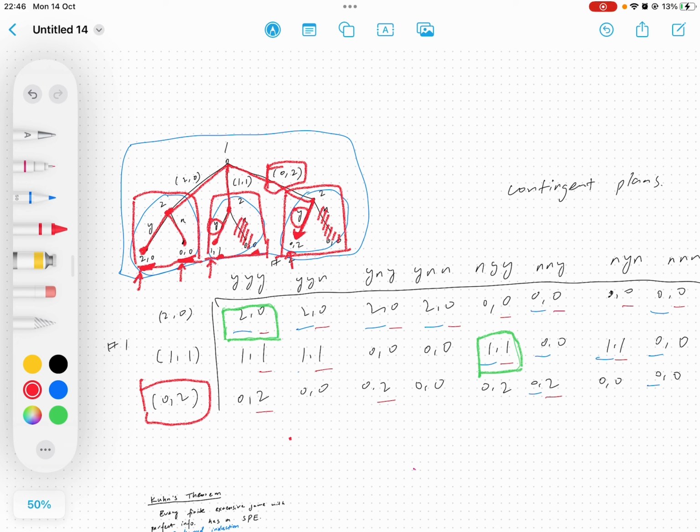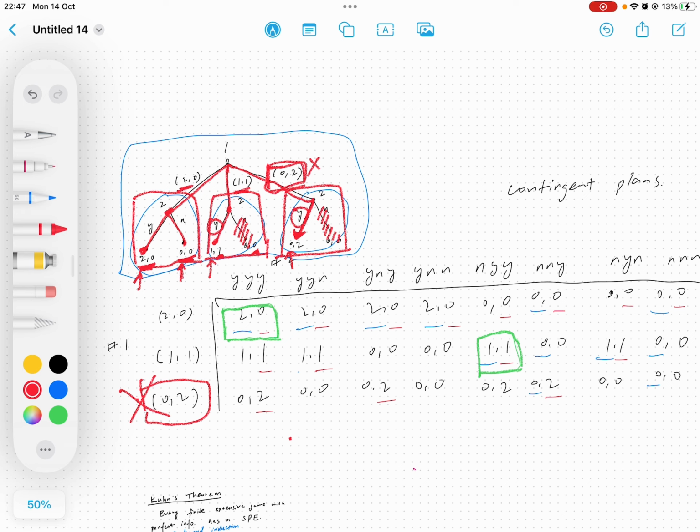But if player 1 chooses either 2-0 or 1-1, those two strategies, then player 1 could get maybe 2 or 1, not necessarily 0. So in this case, player 1 must not consider the third option, and this one is also removed from the picture.